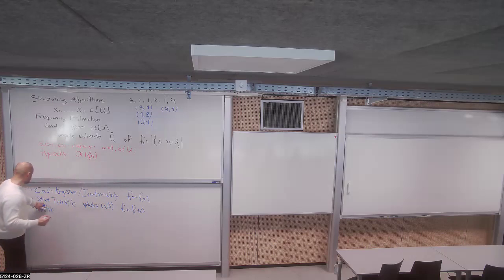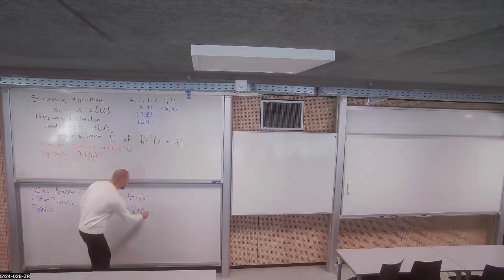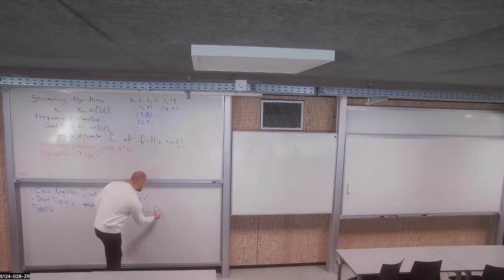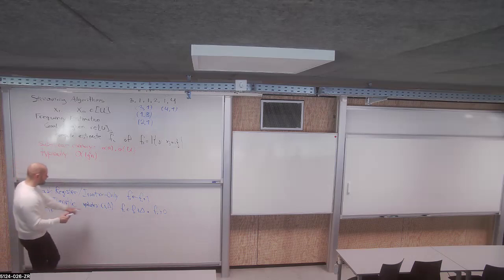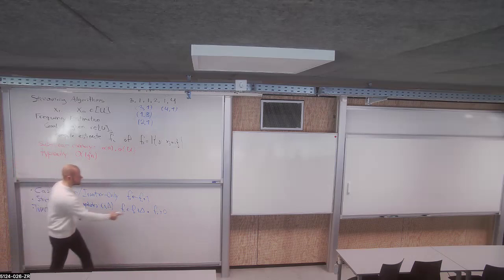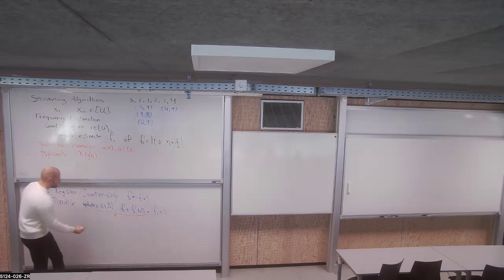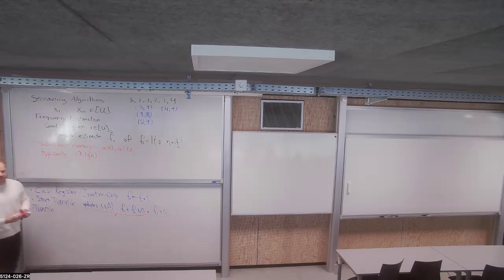For the strict turnstile, we just have a promise that at any given time, the frequency of any element will be non-negative. This will be somewhat important today. We'll see a solution that works in the strict turnstile, but not in the general turnstile. The general turnstile is just the same, except we don't have this non-negativity. We just have general updates to the frequencies.